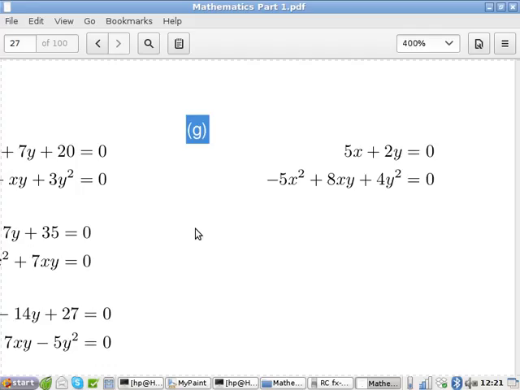And then once that is done, what I also would like is you to solve this, the point of intersection, please.